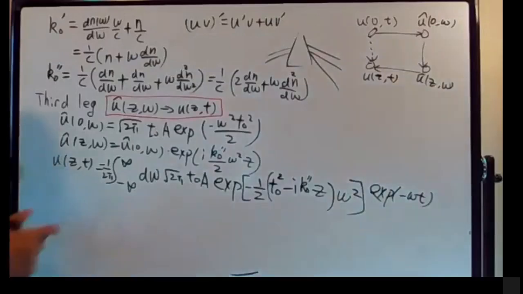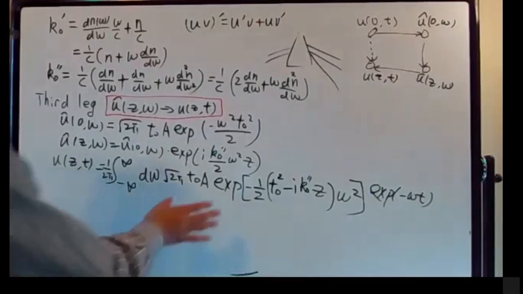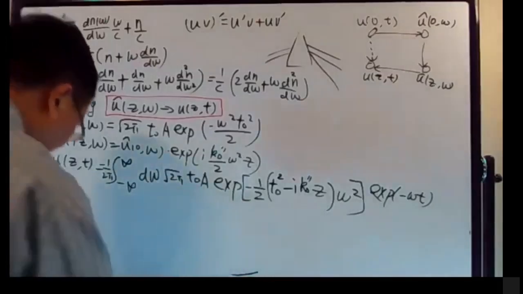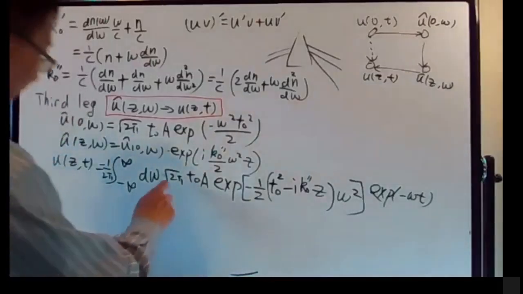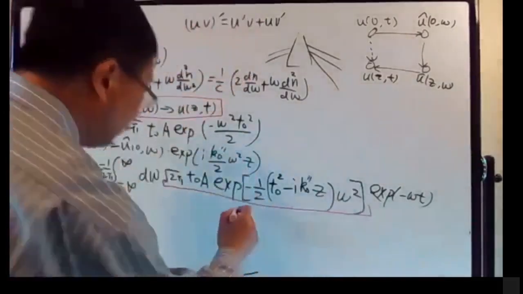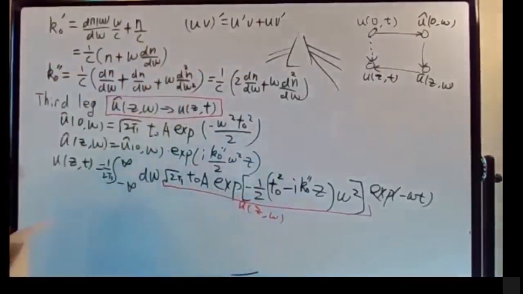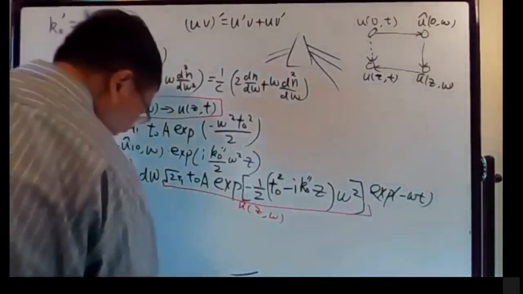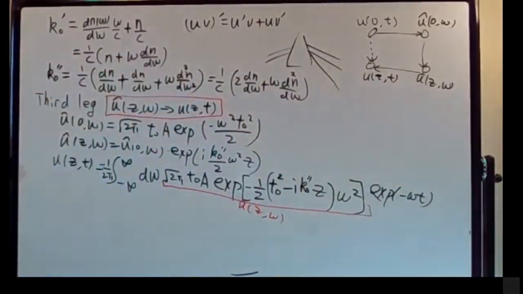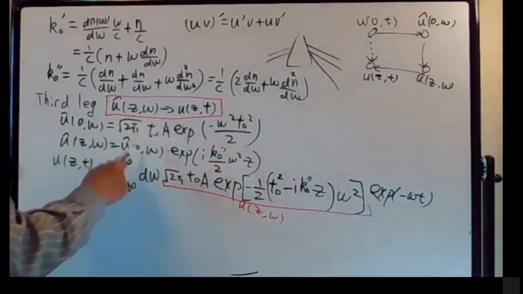Okay, so we will take an inverse Fourier transform. This whole piece is u z omega hat. We just substitute in u z 0 omega.